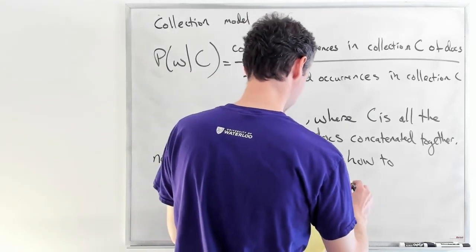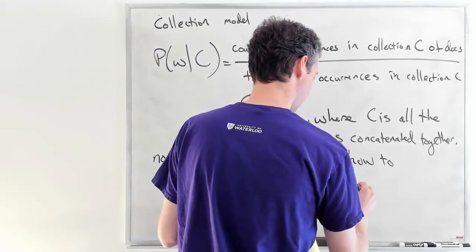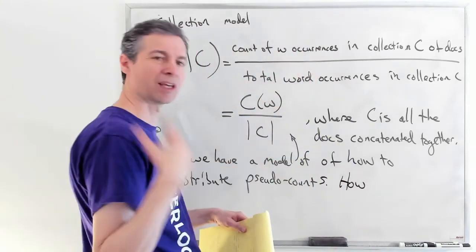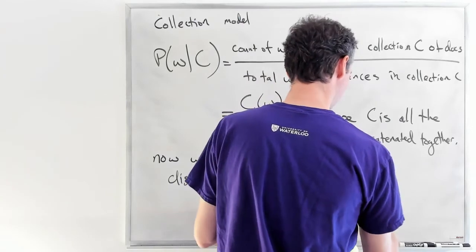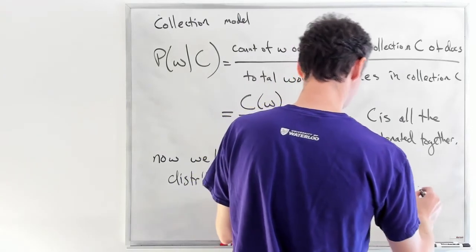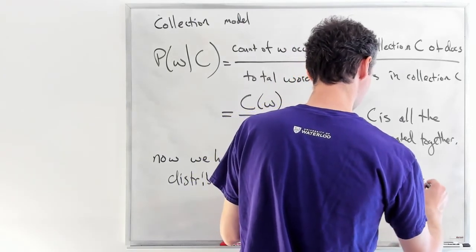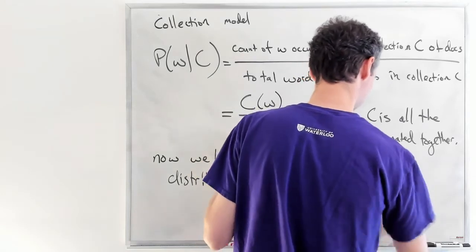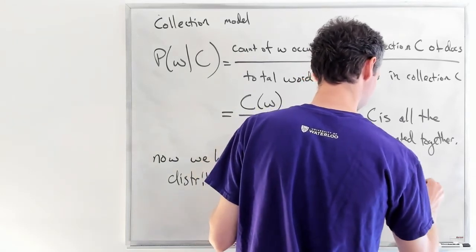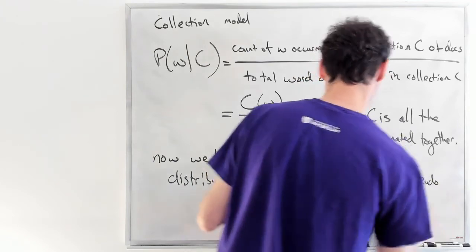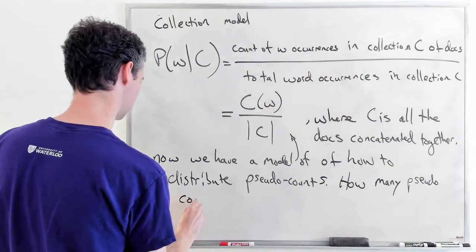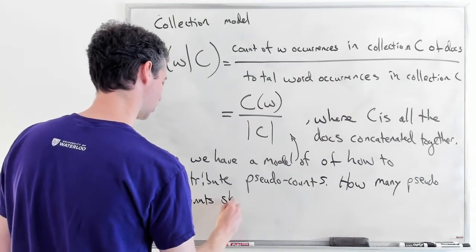And then we have a separate question, which we skipped over with Laplace smoothing, which was how many pseudo counts should we have?